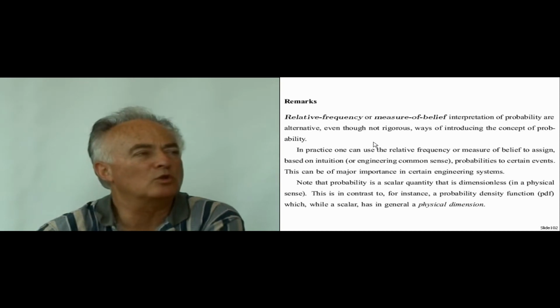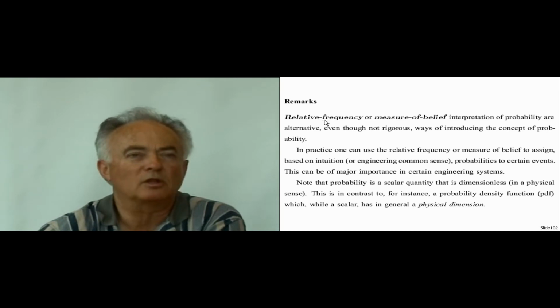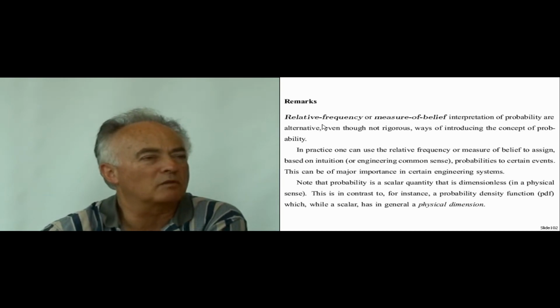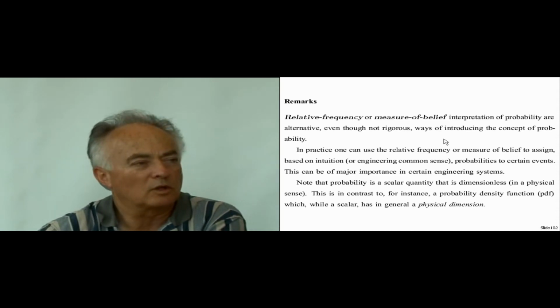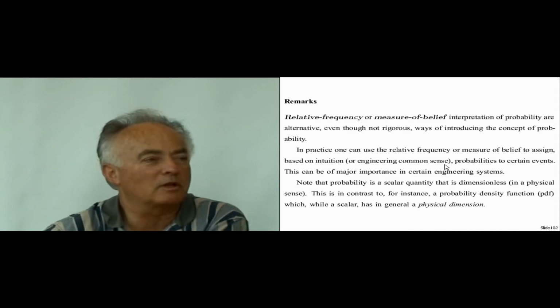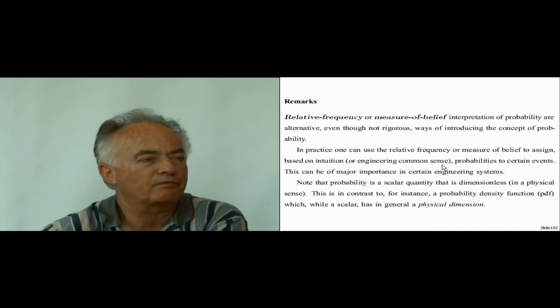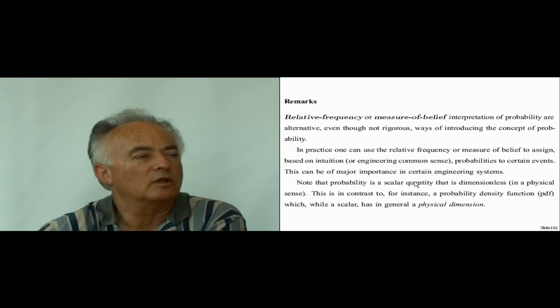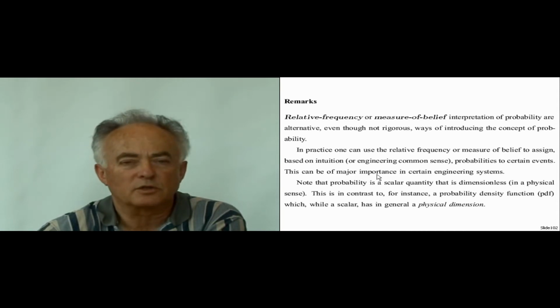So what you can do is use that relative frequency experimentally and figure out what the probabilities are. Now, measure of belief is what I would call the engineering common sense way of assigning probabilities to events. And in several systems, it's very useful to be able to assign probabilities based on our understanding of the physics of a process.